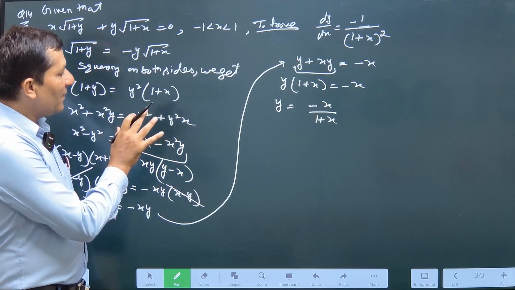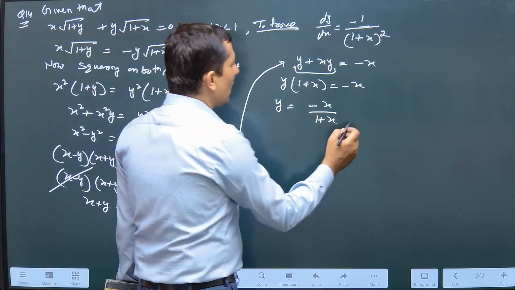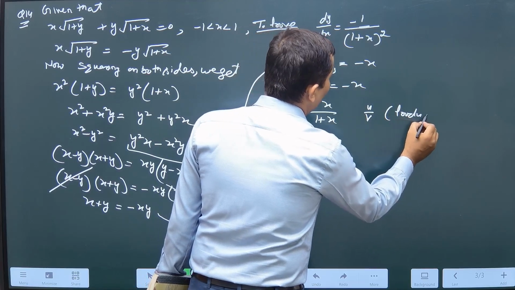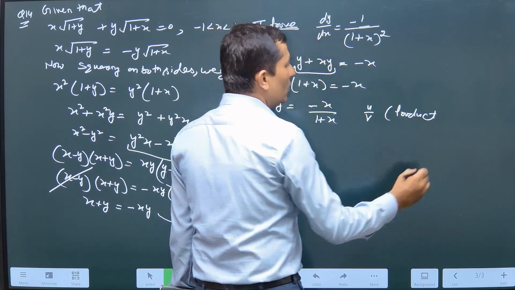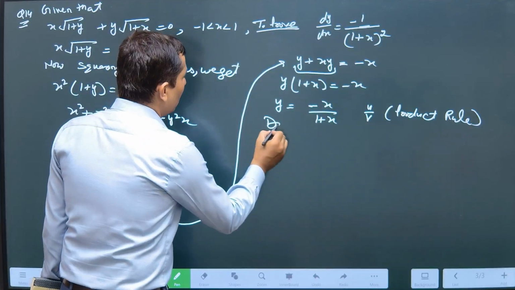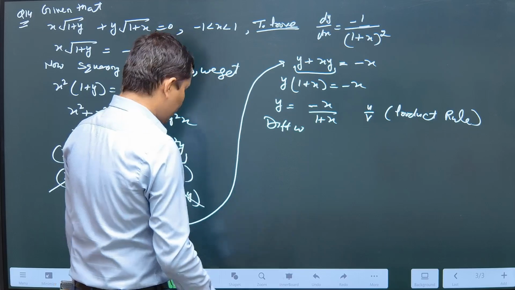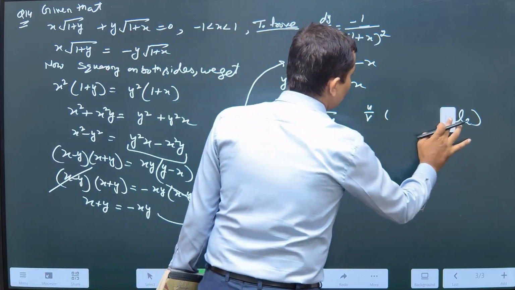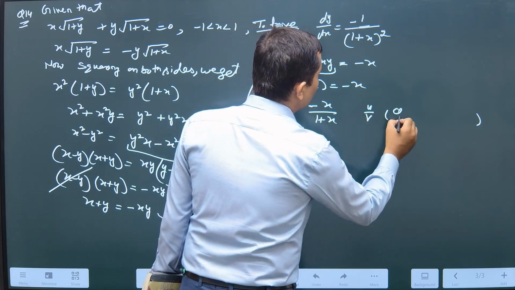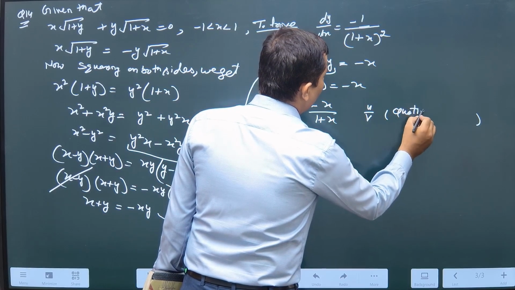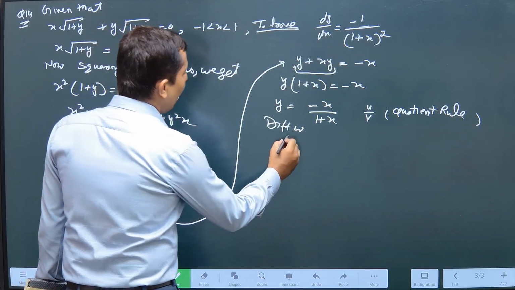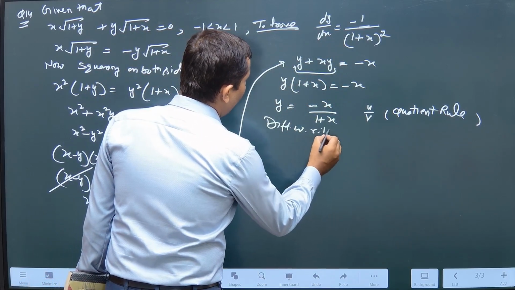Your explicit function is in the form of u by v, so use the quotient rule to differentiate it. Differentiate with respect to x.